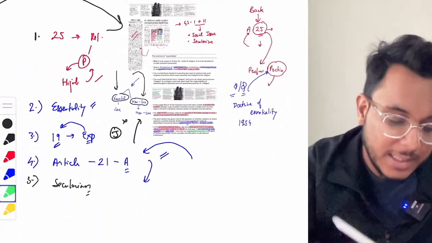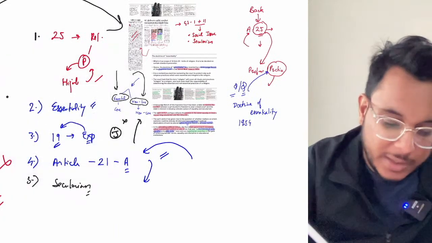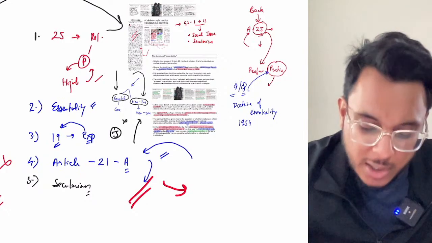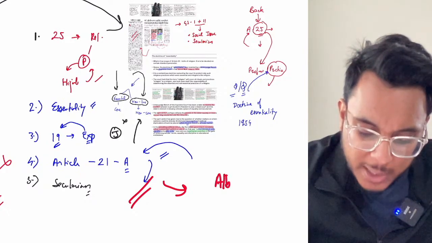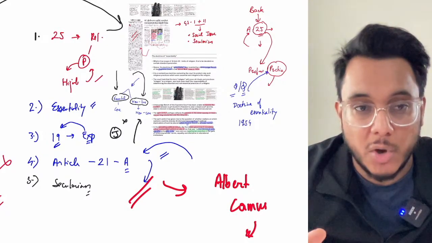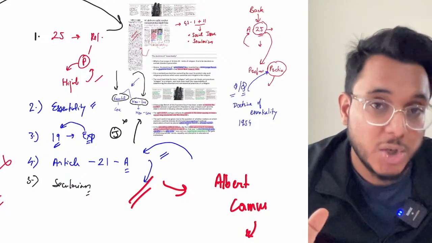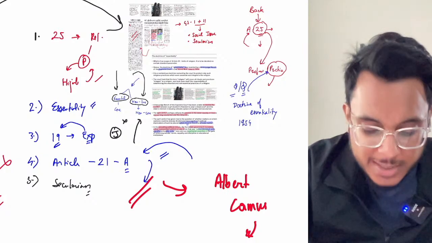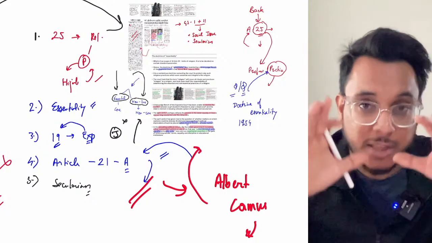And guys, understand this: just 2-3 days back I discussed a GS quotation with you, the quote given by Albert Camus. Albert Camus says that democracy is not the law of the majority, rather democracy is the protection of the minority. So we are not suggesting that this should happen.